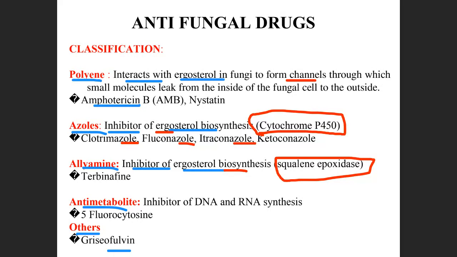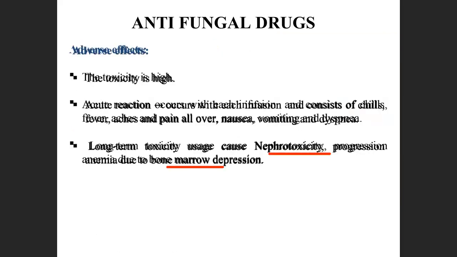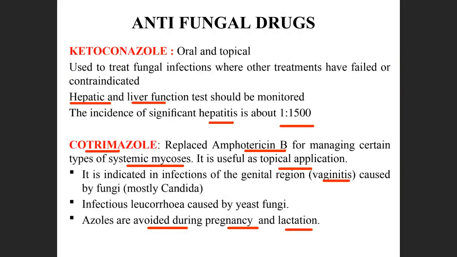Next, we have seen the individual categories of drugs, that is amphotericin B. Its mechanism is different when compared to the other categories of antifungal agents. Then we have seen the adverse effects, nystatin. In the azoles category, we have seen ketoconazole and clotrimazole.